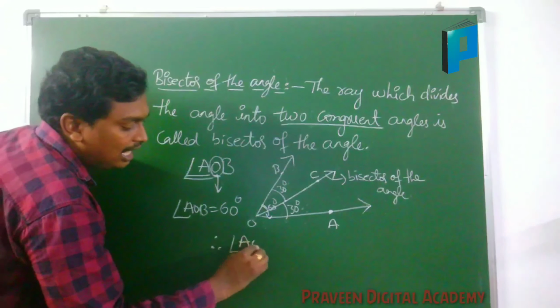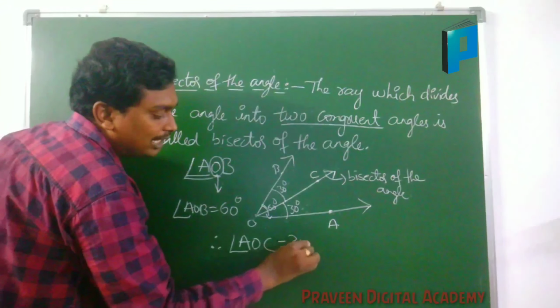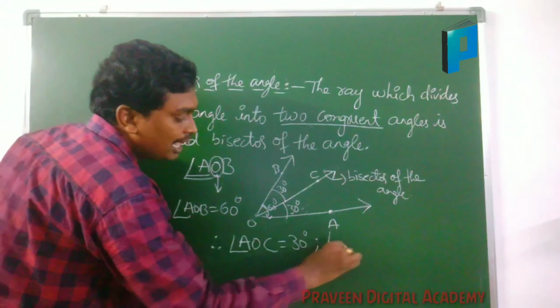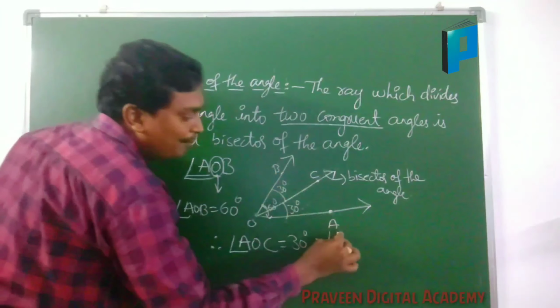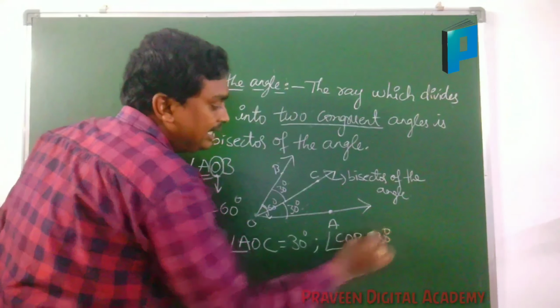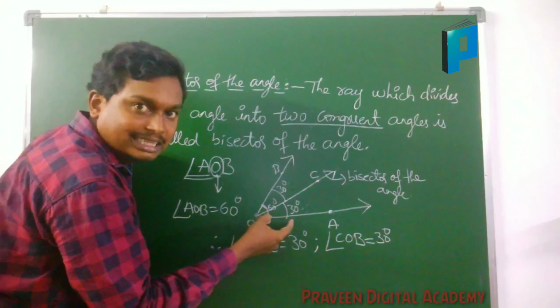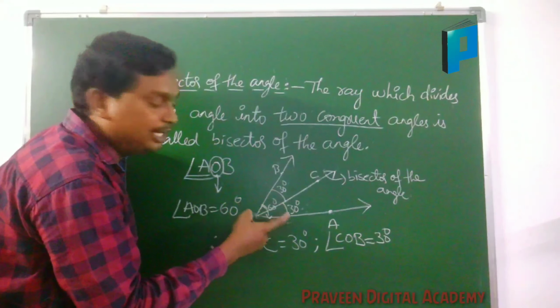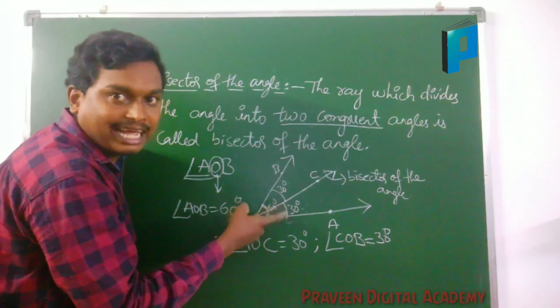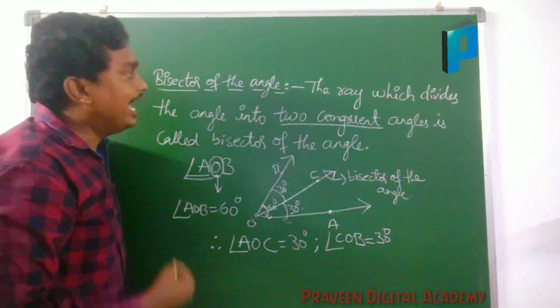Angle AOC is equal to 30 degrees. Angle COB is equal to 30 degrees. Here the ray which divides the angle into two congruent angles is called the bisector of the angle.